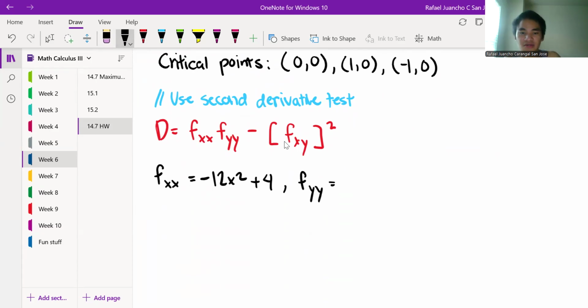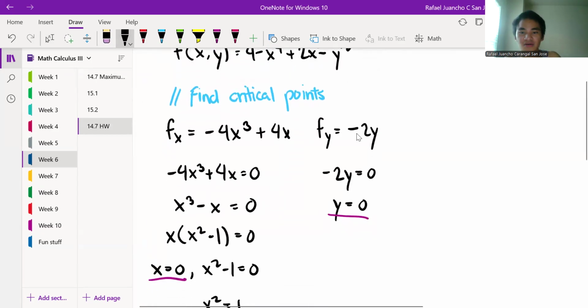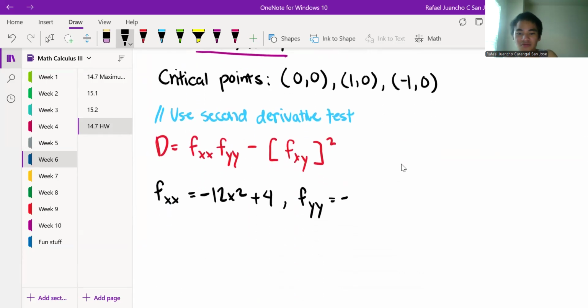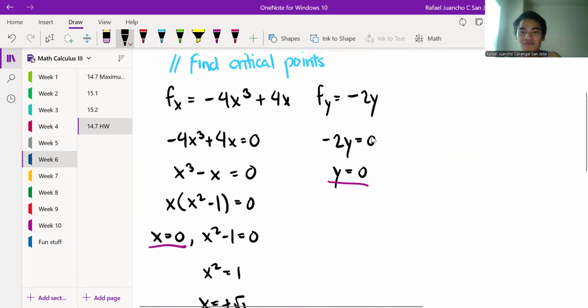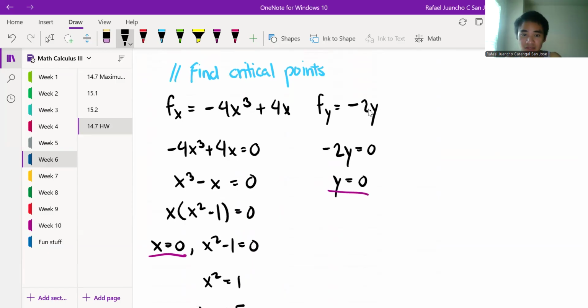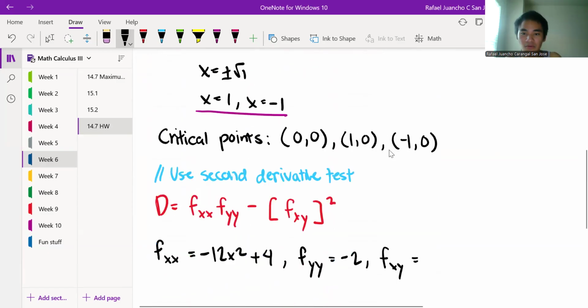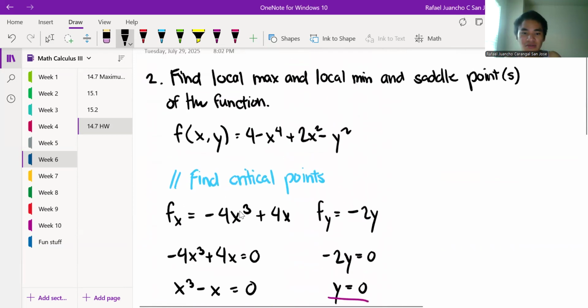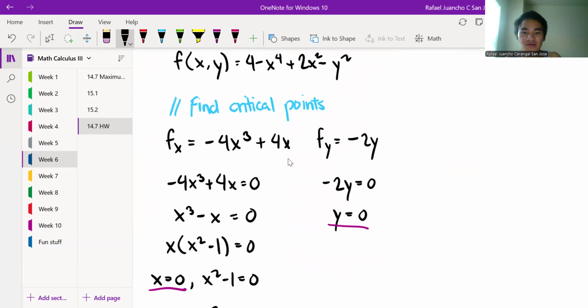If I look at my y value and take this derivative, I just get negative 2. And lastly, for my xy, I can look at my f sub y and take the derivative in terms of x. So I just get 0. Let me just double check. I take the derivative of y, and I just get 0.